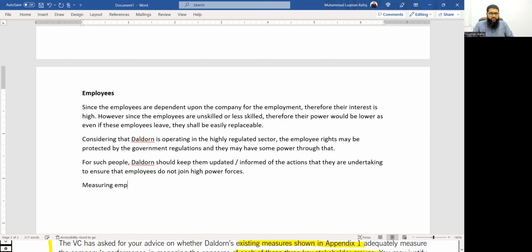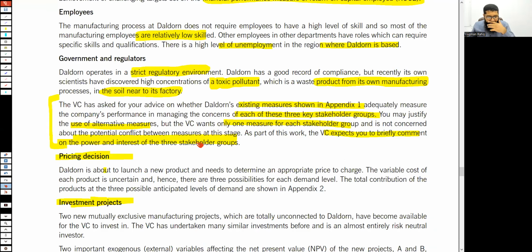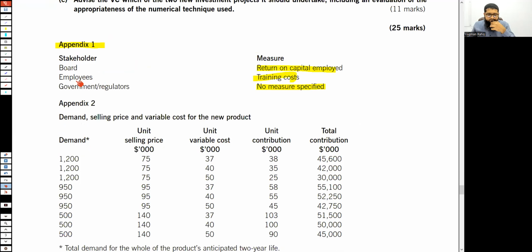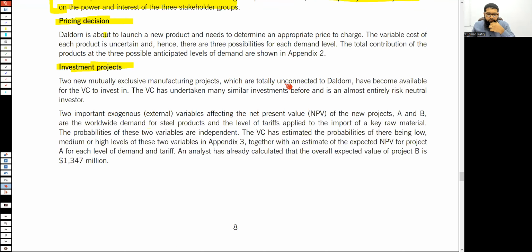Measuring employees, okay, what is their training cost now?